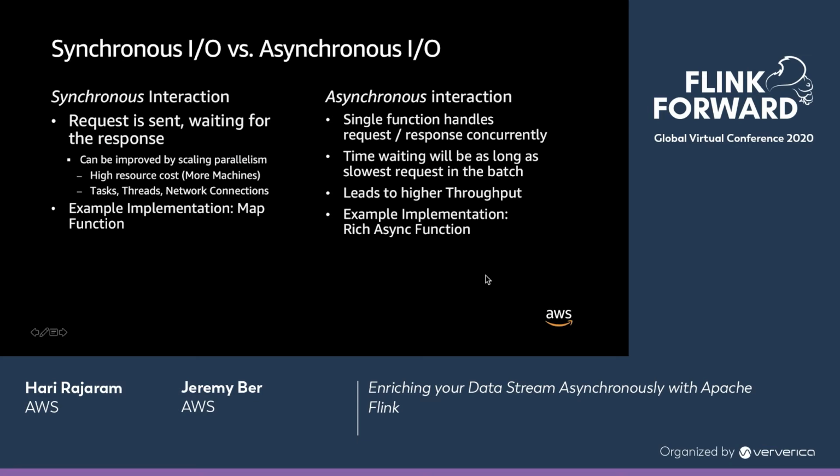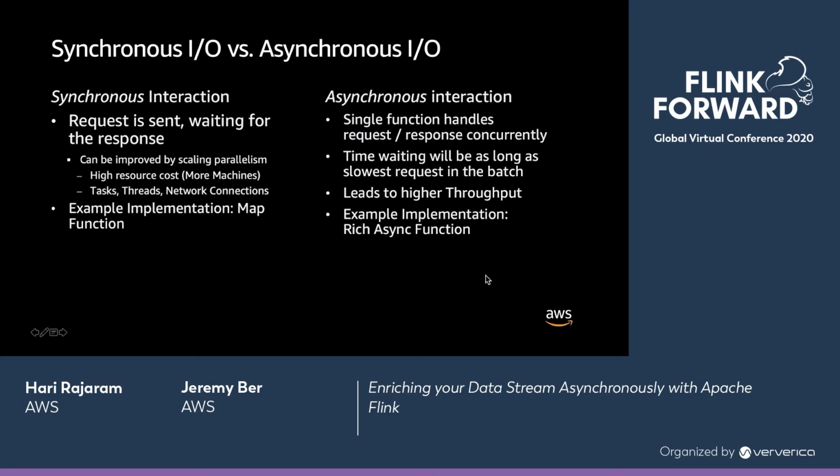Now, the other way to achieve this enrichment would be through an asynchronous interaction. This would be where the single function that you are calling your database or API with would be able to handle requests and responses concurrently, meaning that when data is coming in, it's not waiting for the previous request that came through that enrichment phase to be completed.